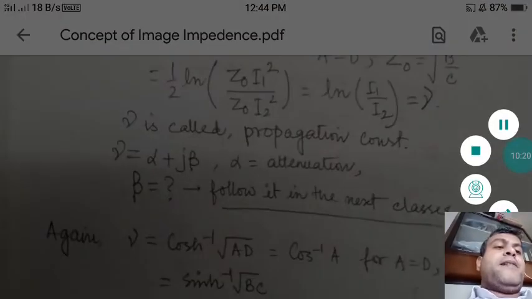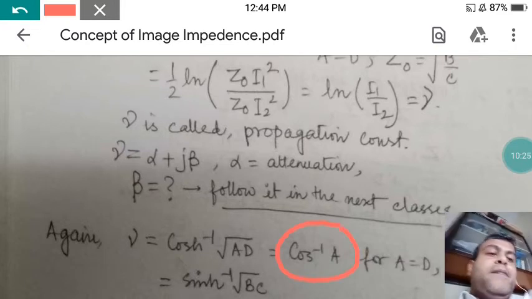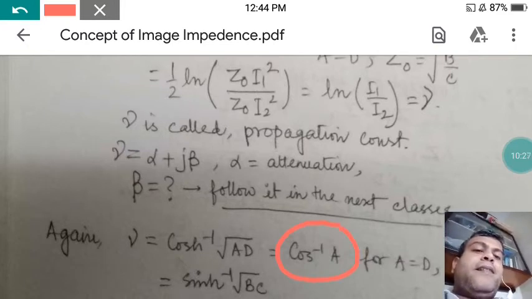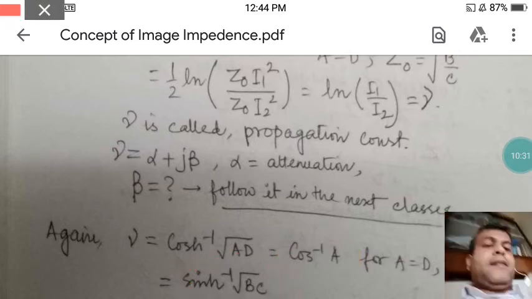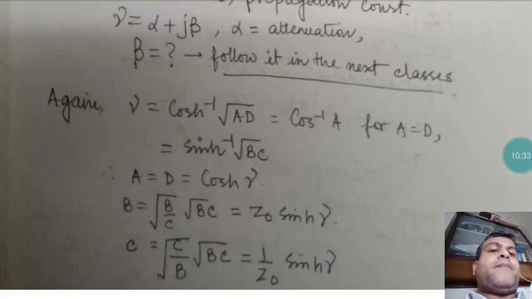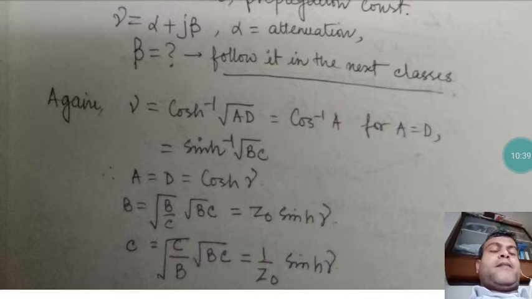These two terms are equally important: gamma can be written as cosh inverse A for a symmetrical network, otherwise it is sinh inverse root BC.